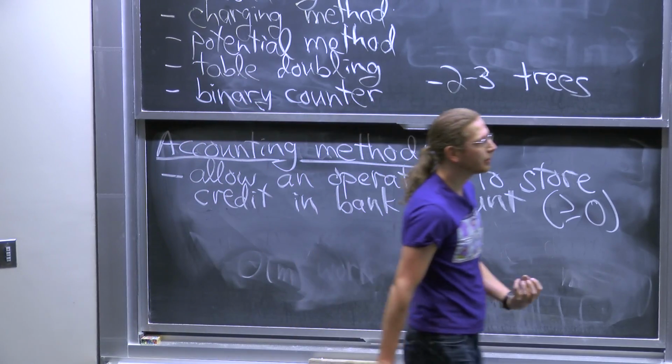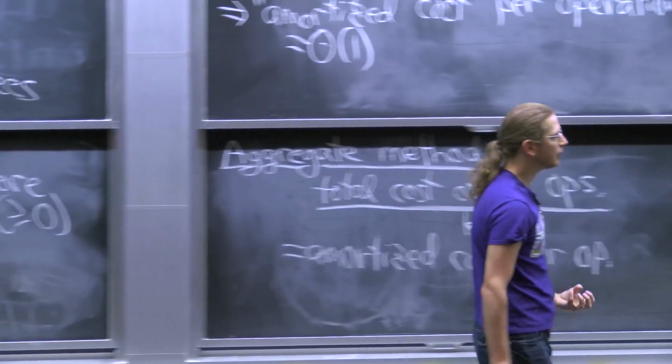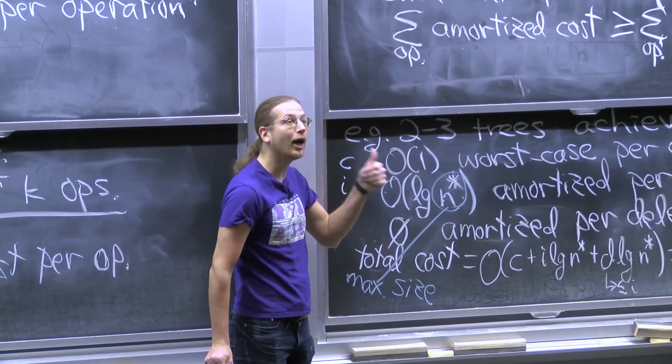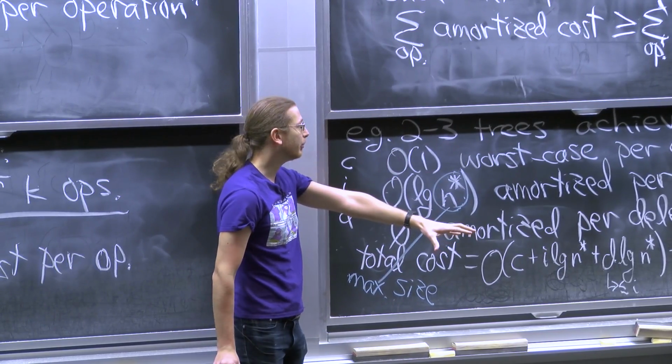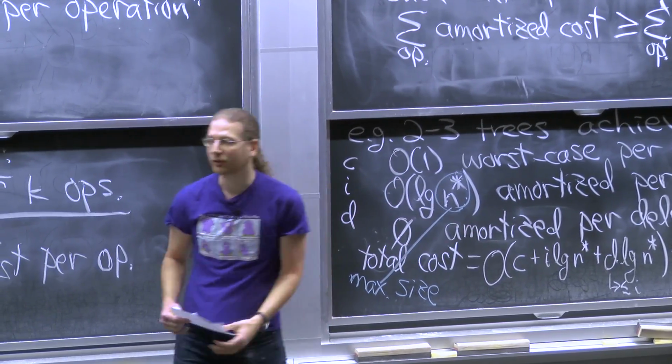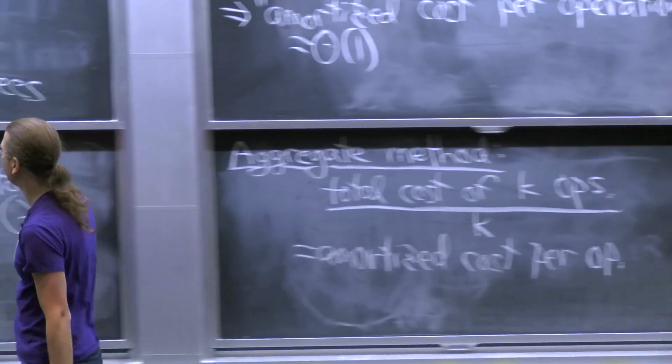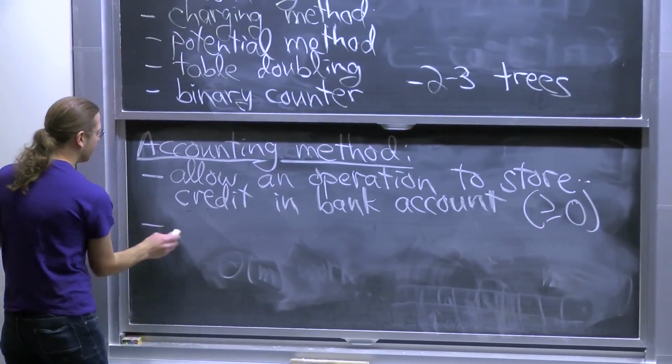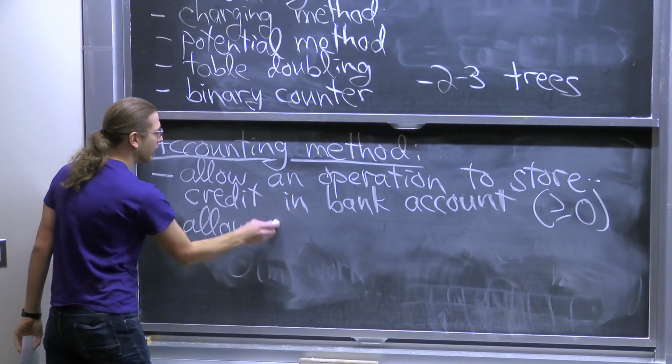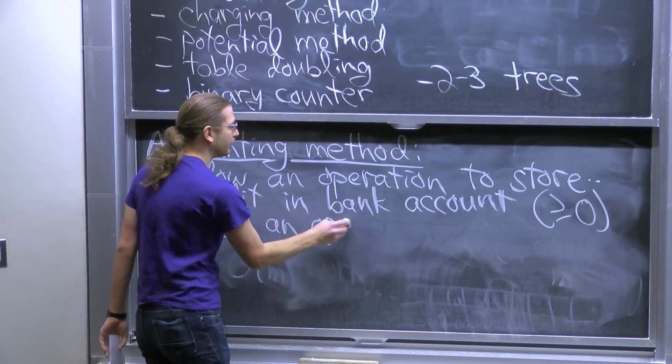That will cost something, in the sense that the amortized cost of insertion goes up in order to put those coins in the bank. But then I'll be able to use them for deletion. So this is what insertion is going to do: store credit in the bank. And then separately, we allow an operation to take coins out of the bank.